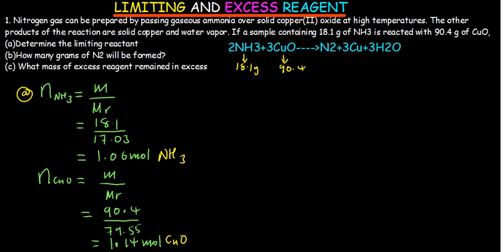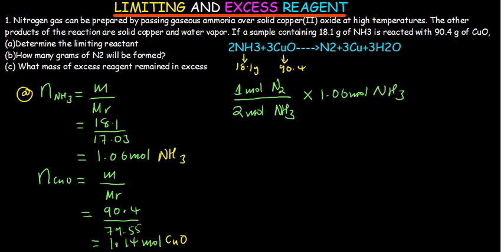Because I want to get the moles of nitrogen, I'm going to have the moles of nitrogen on top, and we are going to compare the mole ratio. So we are saying that for every 1 mole of nitrogen to be produced, let's start with ammonia, we are going to use 2 moles of ammonia. So I've got moles of ammonia down below, then we multiply by the moles of ammonia which are available, so 1.06 moles of ammonia.